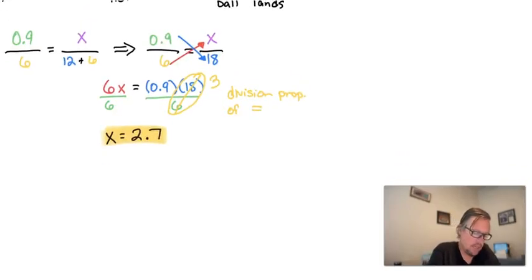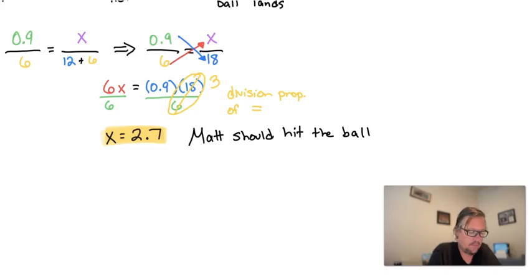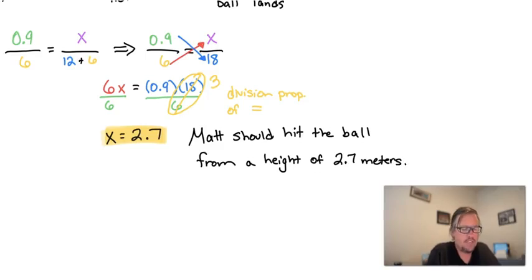Let's say Matt should hit the ball from a height of 2.7 meters. 2.7 is the numerical answer, but let's do better than just the number. Let's say what the number means. So we answered the question in context. What does the answer mean?